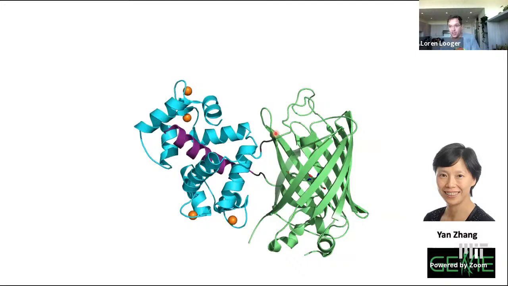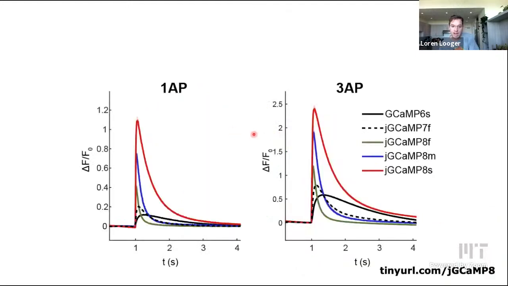Took about 5 years, but the biggest win of these sensors is that they have much faster kinetics, both rise time and decay time. And the beauty of this is that when you have a faster rise time in particular, you get a greater signal to noise.